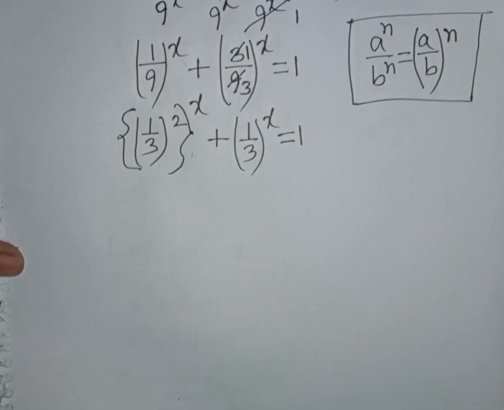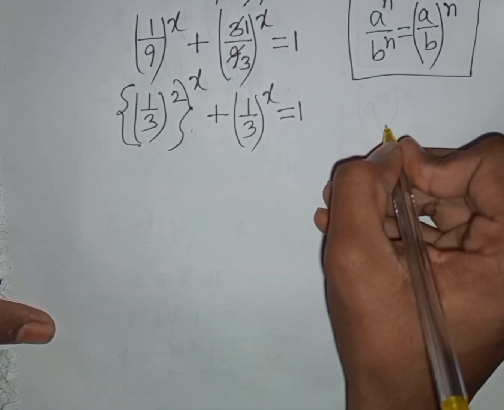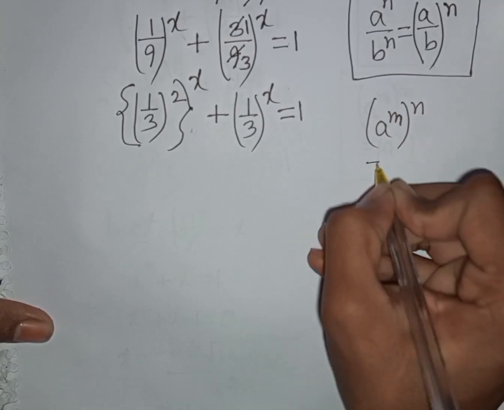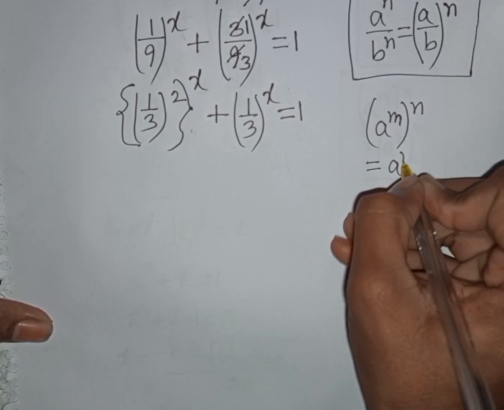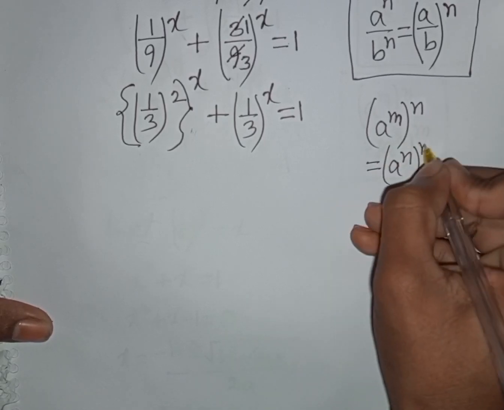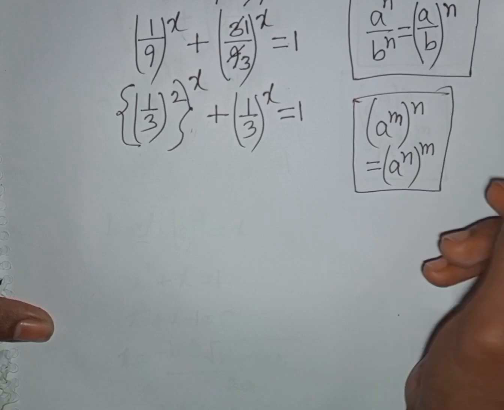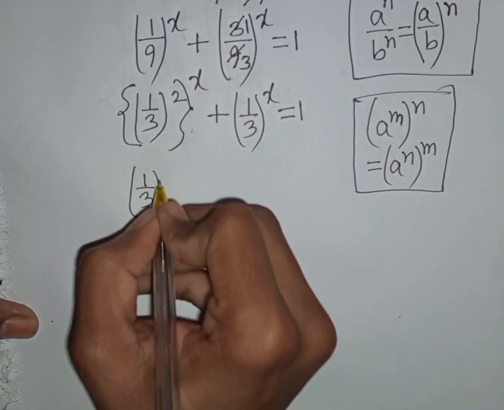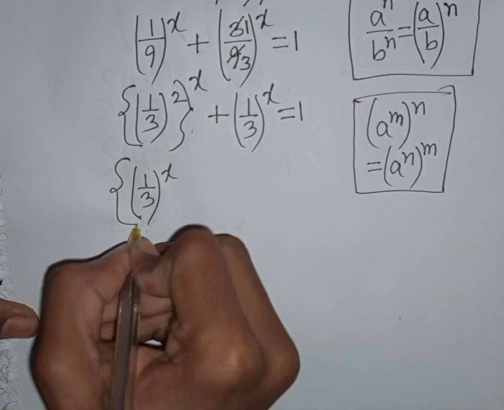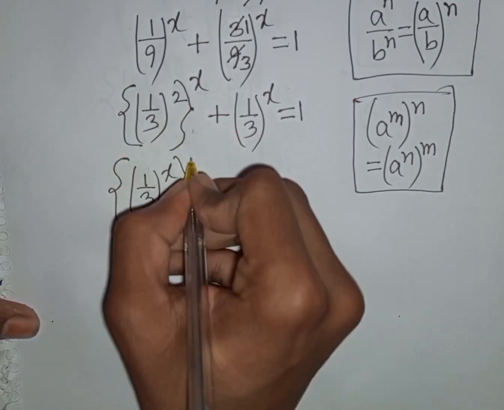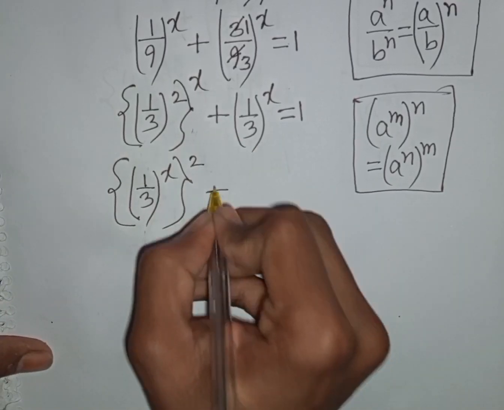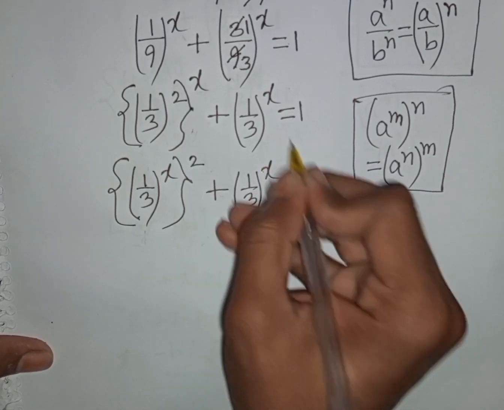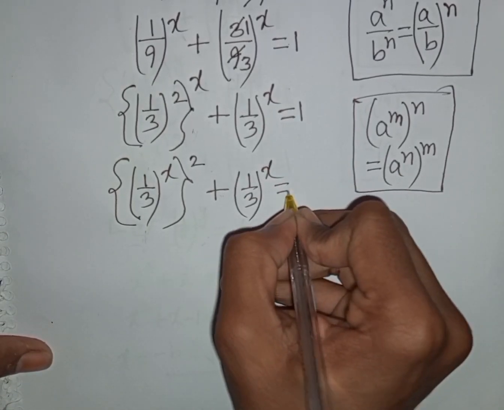Now here you can apply this exponential rule that (a^m)^n is equal to (a^n)^m. So according to this rule I can write ((1 by 3)^x)^2 plus (1 by 3)^x is equal to 1.